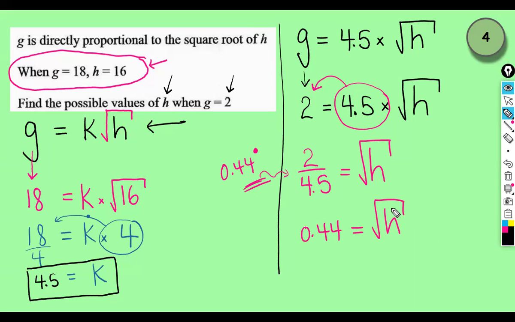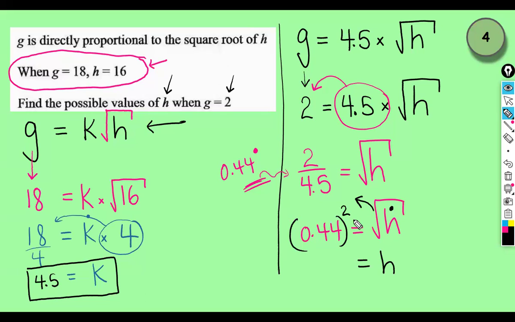Remember, we want to solve for H. I'm interested in having H alone on one side. I don't need that square root. So what's the opposite of a square root? In maths, when you throw something across, you always get the opposite. The opposite of a square root is squared.